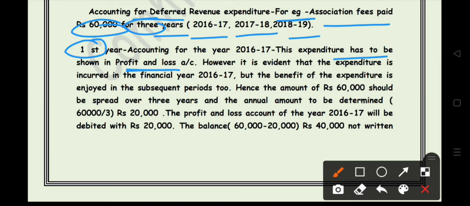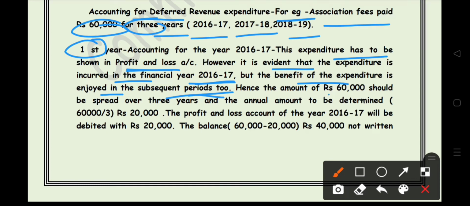As we have learned in the previous example, the current year expenses we will show on the debit side of the profit and loss account. However, the expenditure was incurred in the financial year 2016-17, but the benefit of the expenditure is enjoyed in the subsequent periods too. Means the benefit of that heavy expenditure we will enjoy in the upcoming financial years.